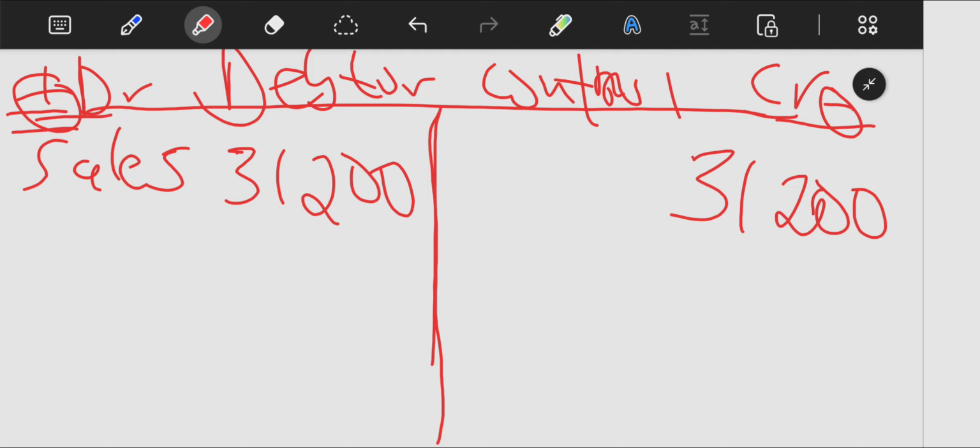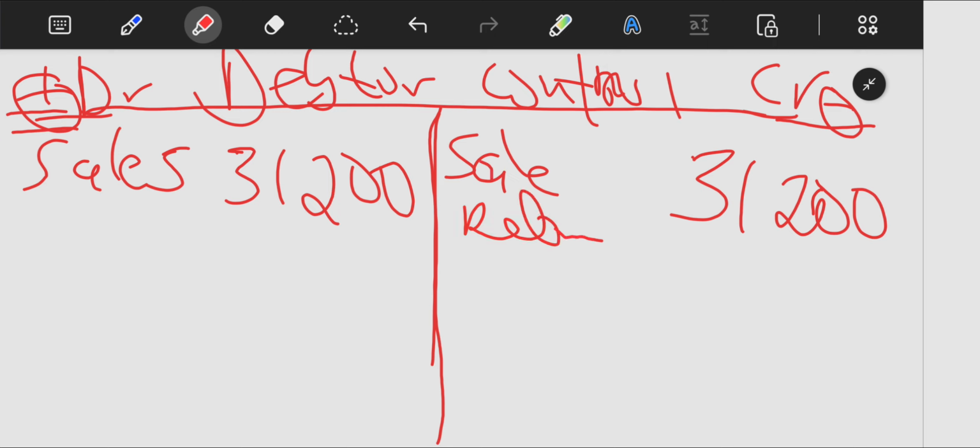Now, when we reduce the debt, we are going to reverse everything that happened. So, we are going to allow this debtor to return these goods. So, we are going to have sales return here.